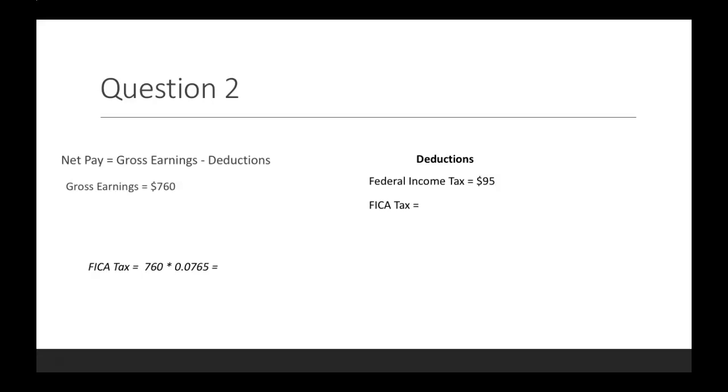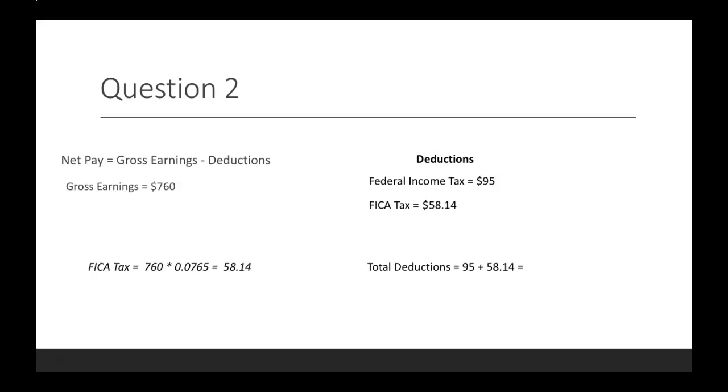We're going to take the gross earnings and multiply it by 7.65% or 0.0765, and the amount in FICA taxes that will be deducted from this paycheck is $58.14. Right? So FICA taxes, your Social Security and your Medicare, Beth Corbin has $58 deducted from her paycheck for those.